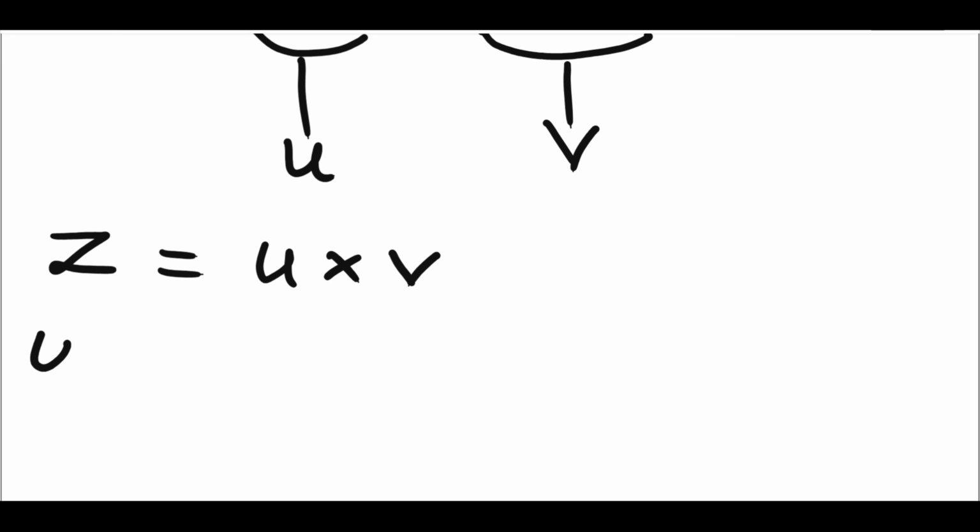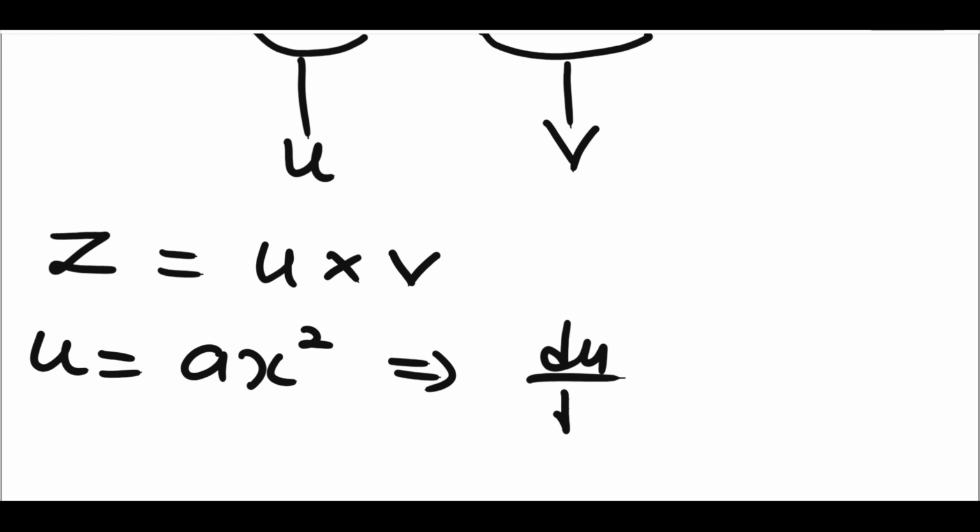We have u to be ax squared, which implies that we need to get the derivative of u with respect to x, du/dx. So we are going to differentiate ax squared with respect to x.